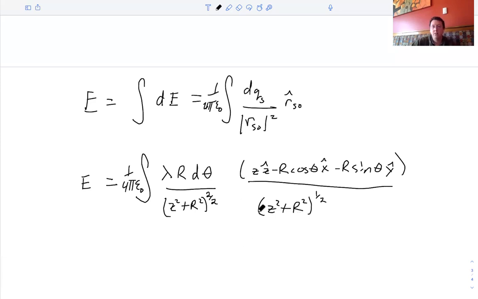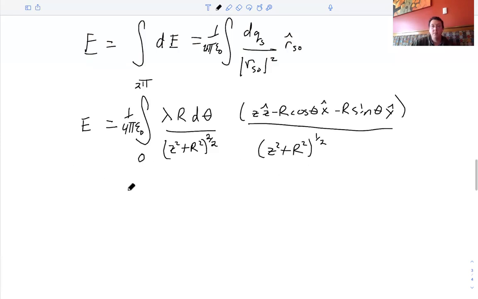So now, the first thing to note is that many of these pieces do not depend upon theta. Theta runs from 0 to 2 pi around the circle, and especially the denominator. So I can pull out constants.